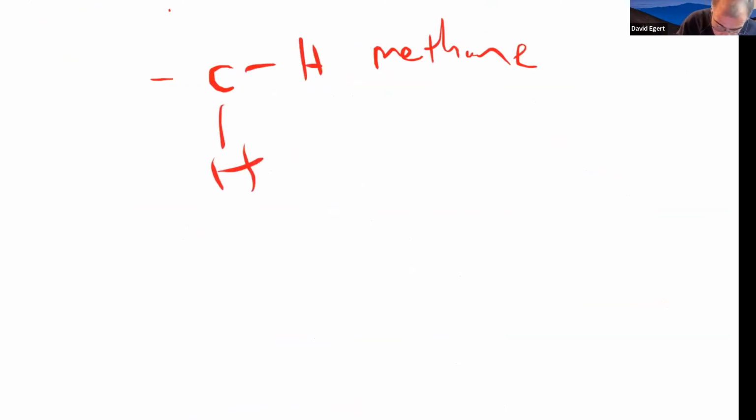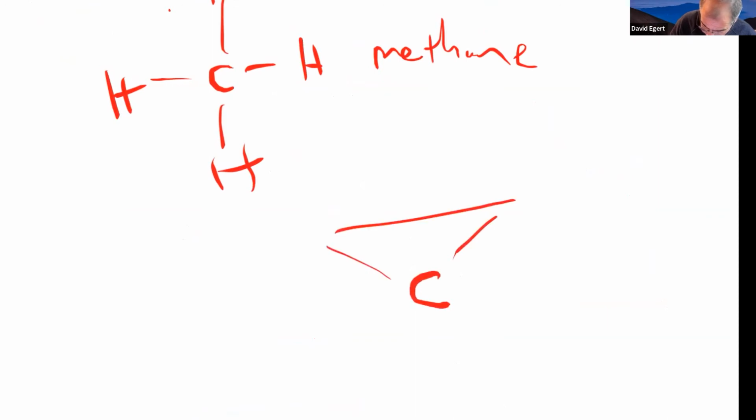So for instance, like methane. You have hydrogens on this carbon, and this thing just ends up being completely symmetrical. It ends up being kind of like a tetrahedron, kind of a pyramid.